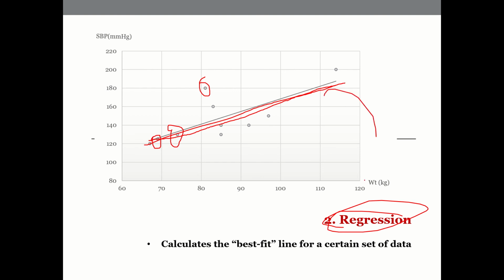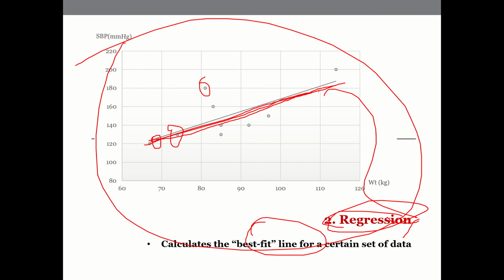This line is the linear regression line, also called the best fit line. If in the overall data set we draw the line of the average, this is called the best fit line, and this is used in the regression model.